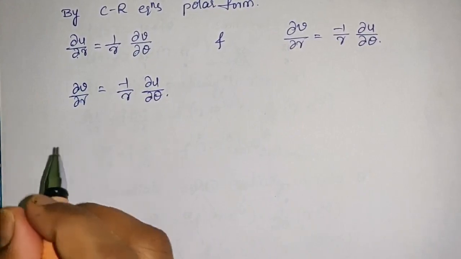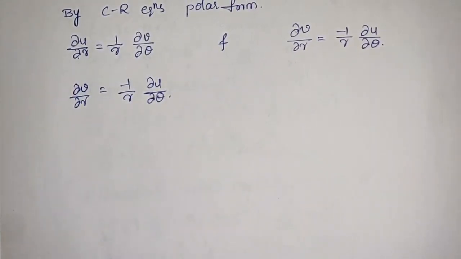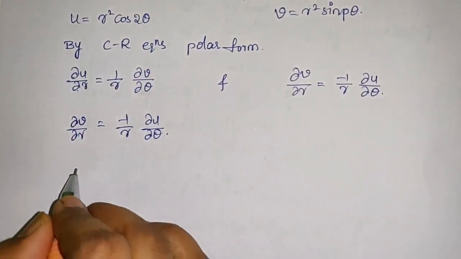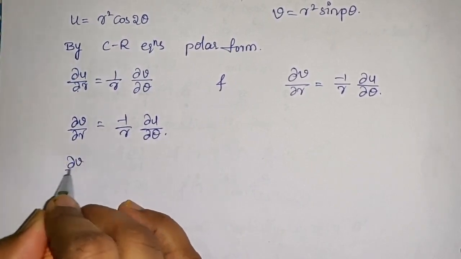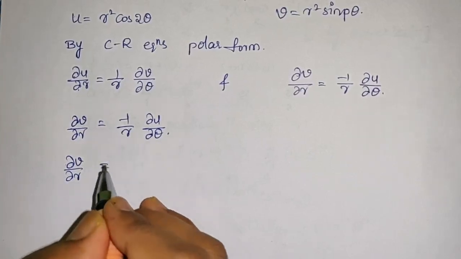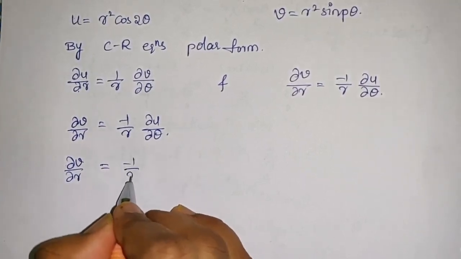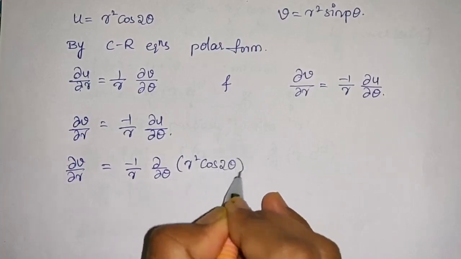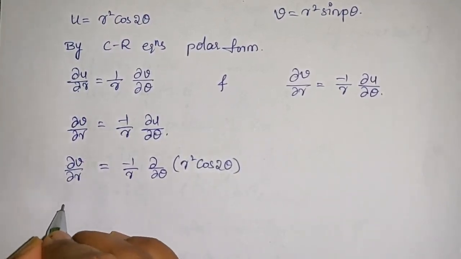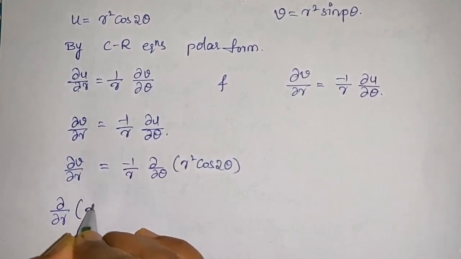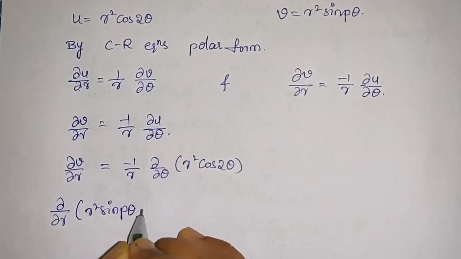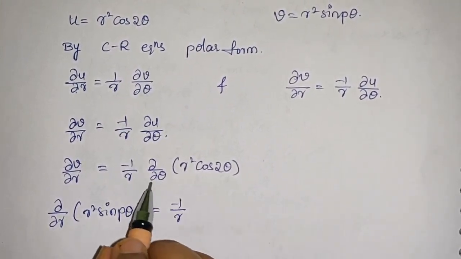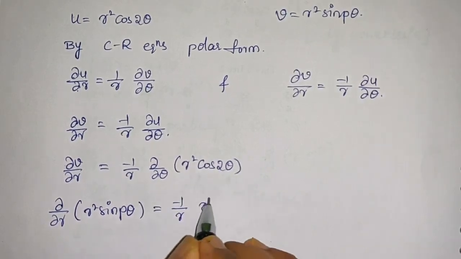Now how can we find ∂u/∂θ? What is the value of u here? The value of u is this one. So we can write ∂v/∂r equals minus 1/r times ∂/∂θ of r² cos 2θ. The left side also we have to write: ∂/∂r of r² sin pθ equals minus 1/r into, differentiating with respect to θ, so r² is constant.